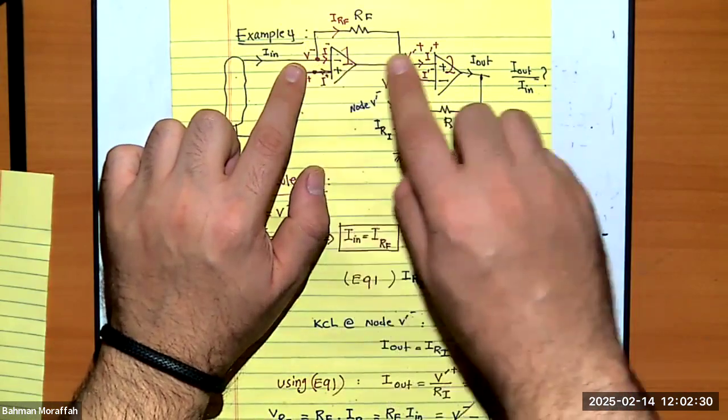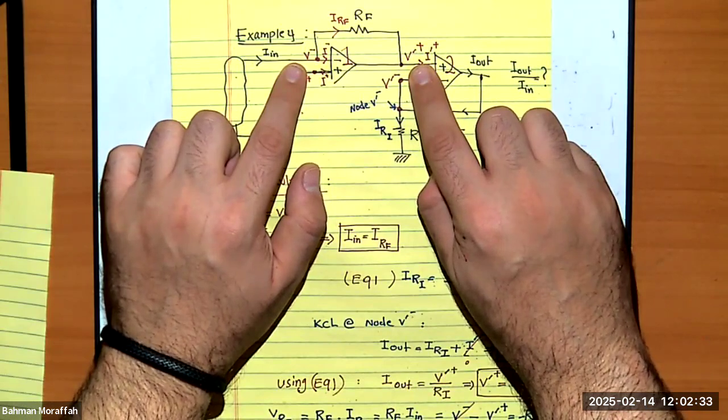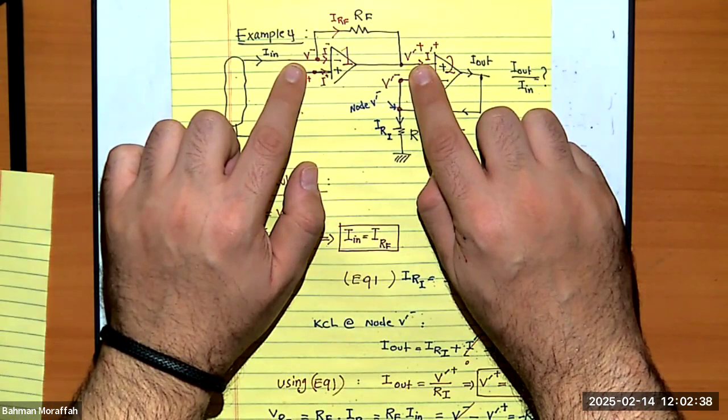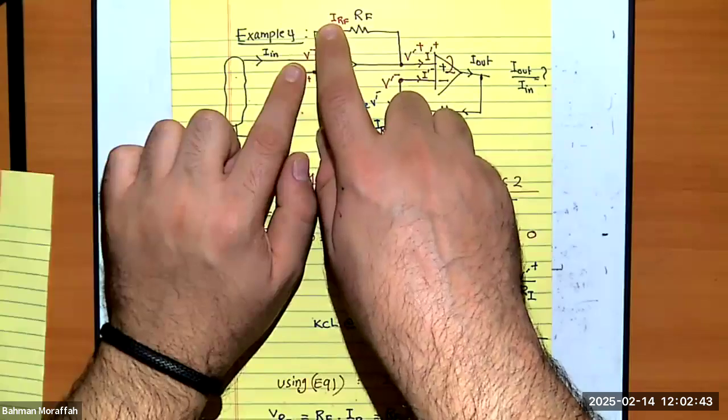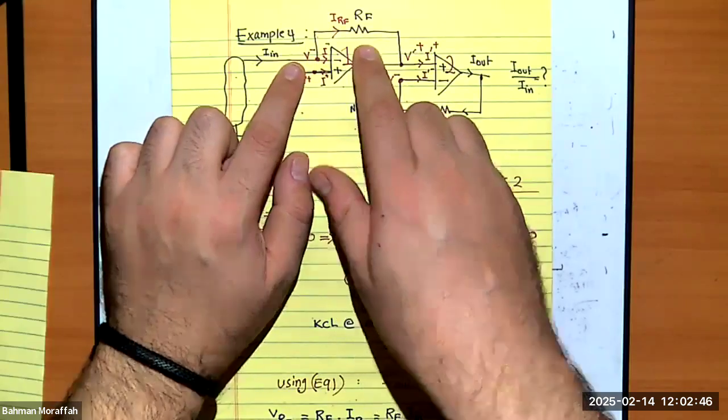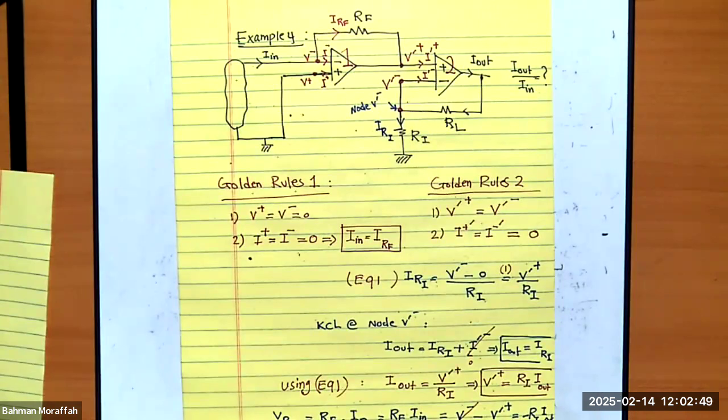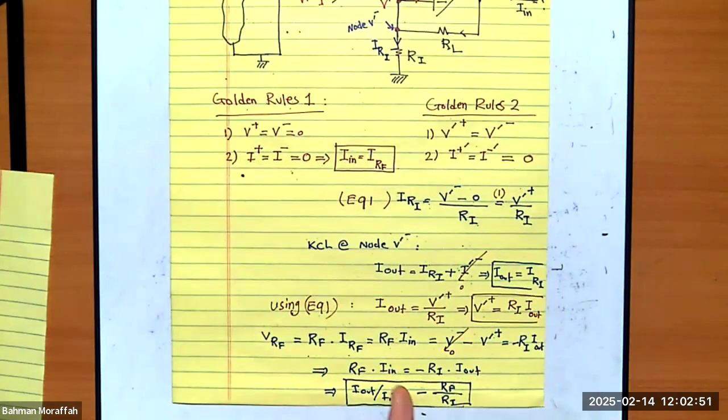That's V minus minus V prime plus. We also know voltage across this is current through it times its value. If we equate these two equations, what we're going to get is the relationship between input and the output. So the entire idea here is that we're going to write down the golden rule, and the rest is just writing KVL and KCL, and seeing the connections. That's the whole idea.